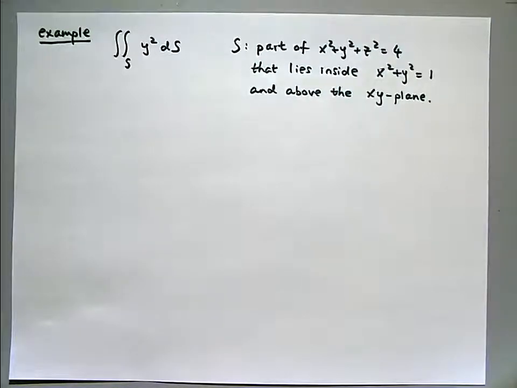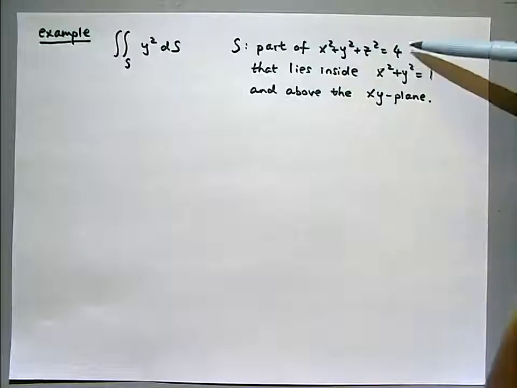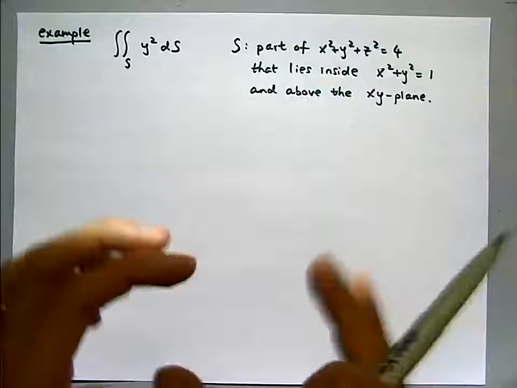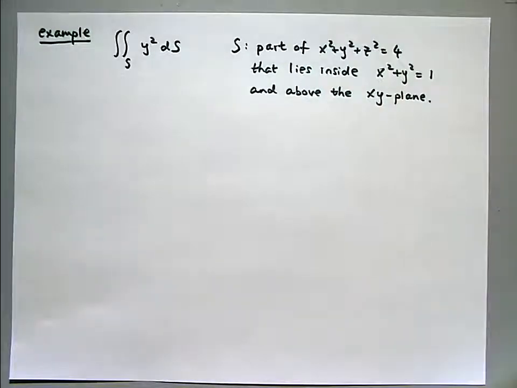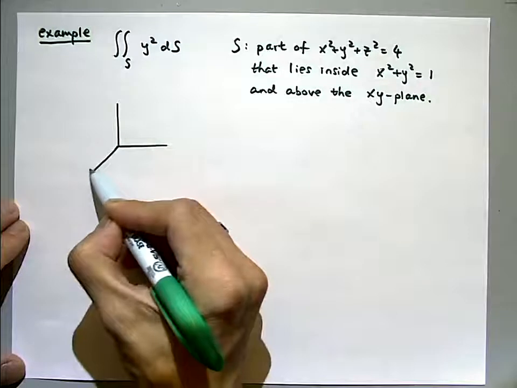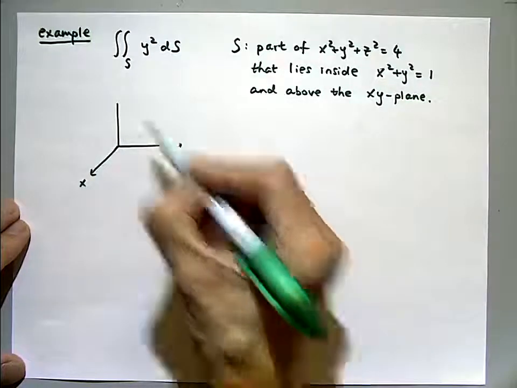Okay, now this is something we can visualize. This is a sphere, radius 2, right? And this is a cylinder that goes up and down infinitely in the z direction with a radius of 1 in the cross-section xy plane. So we can actually get a very good picture in this particular case.